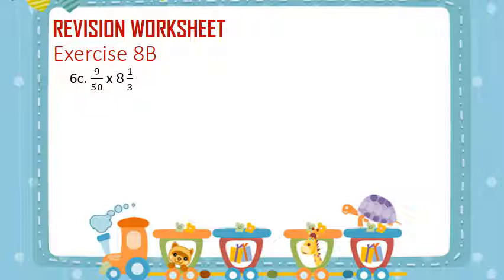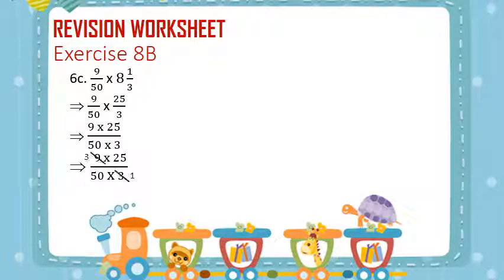Here we have to multiply 9 by 50 by 8 1 upon 3. So let us see. First we have to change 8 1 upon 3, which is a mixed fraction, to improper fraction. So 9 by 50 multiplied by 25 by 3. Now we will write 9 multiplied by 25 in the numerator and 50 multiplied by 3 in the denominator.